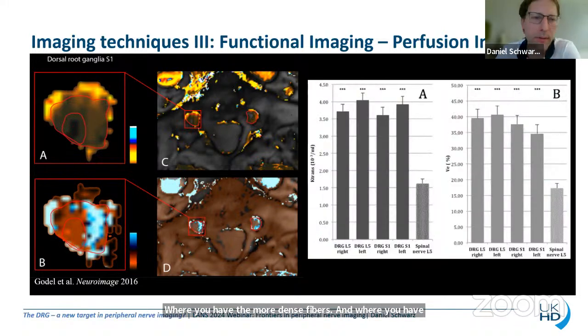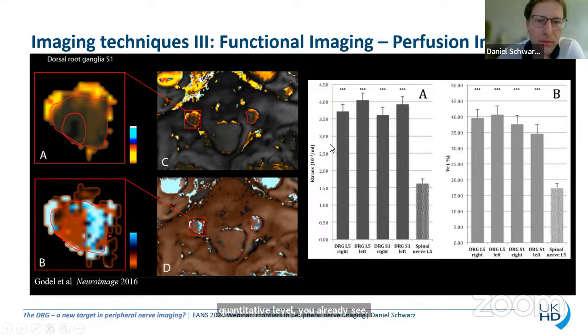If you compare these compartments on a quantitative level, you already see that the dorsal root ganglia in general have a hugely increased permeability compared to the spinal nerve just adjacent to the neuroforamen.